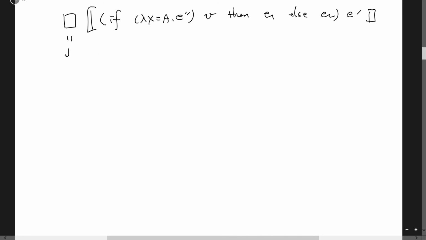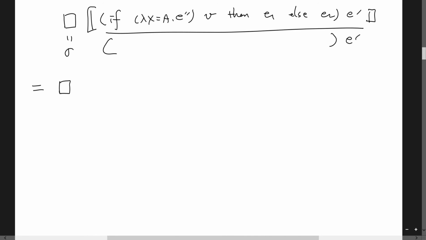So this is the sigma, and you are currently analyzing this expression, and then you find that this expression is some big expression applied to e prime. So what you do is rewrite it as the bottommost element in the stack stays the same, and then you find that the whole expression is something applied to e prime.